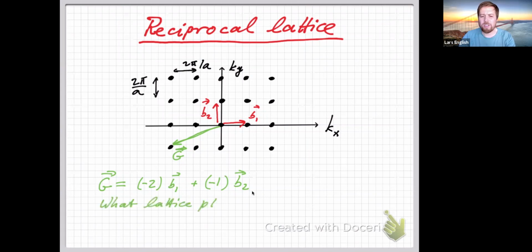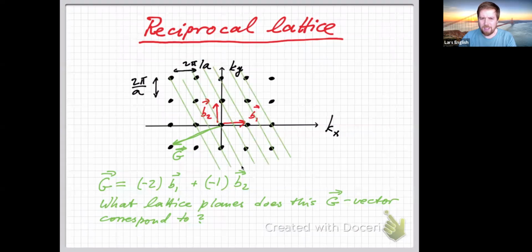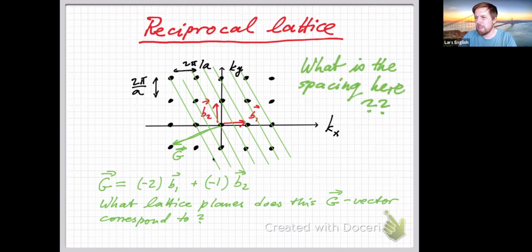And then the question is, what lattice planes does this G vector correspond to? I'm going to look for lattice planes that are perpendicular to this particular vector. And we see that we get those lattice planes. So these are all the lattice planes that are perpendicular to this vector G. And the question then is, what spacing will those lattice planes have?